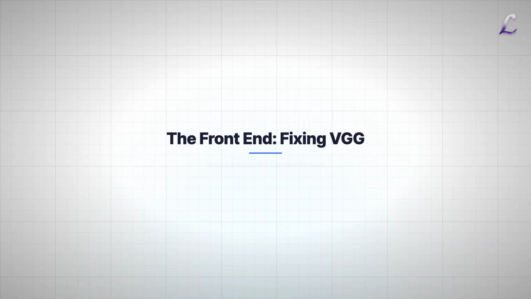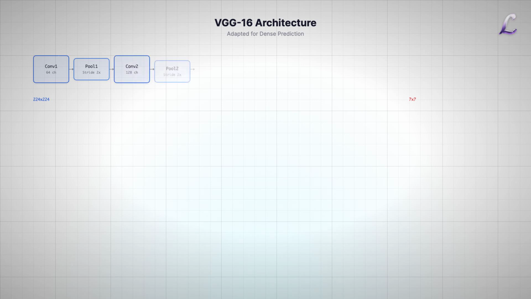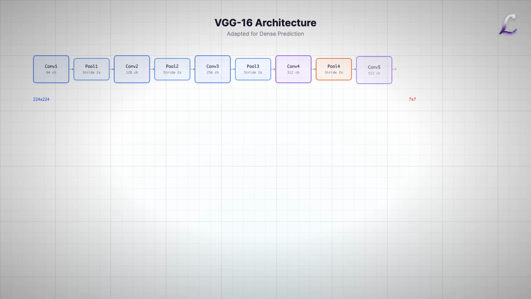The context module needs a base to sit on. The authors adapted the VGG16 network, but they performed some aggressive surgery. They removed the last 2 pooling layers. These were vestigial components from the world of classification. But removing pooling changes the math for the subsequent layers. To compensate, they introduced dilation into the existing VGG layers, dilation factors of 2 and 4.